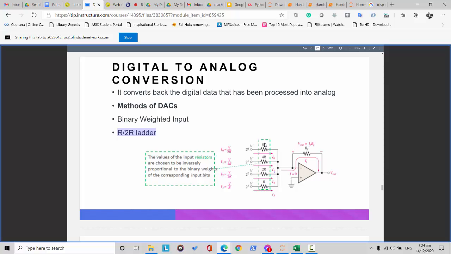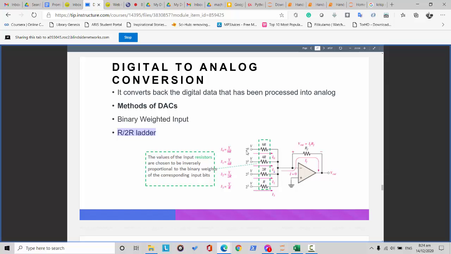So definitely these are all input voltages coming in to the inverting input of the amplifier, but they are all connected to resistors. And the values of the input resistors are chosen to be inversely proportional to the binary weights of the corresponding input bits.